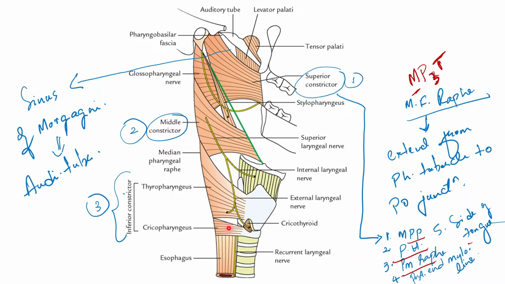So this is all about the three external group of muscles which are arranged circularly: the superior constrictor, the middle constrictor, and the inferior constrictor.